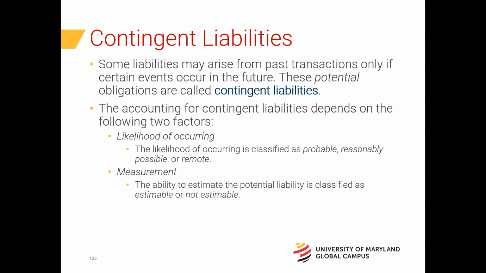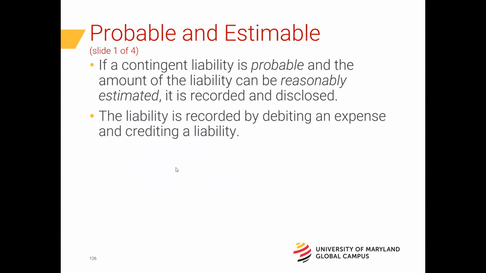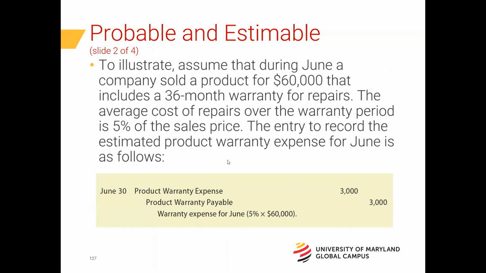Another form of current liability is called a contingent liability. This happens from past transactions for events that occur in the future, plus the likelihood of occurring, and what's the possibility of something occurring. When something is probable and estimable, we can reasonably assume that something will happen, and that causes what we call a contingent liability. An example of that would be warranty expenses.